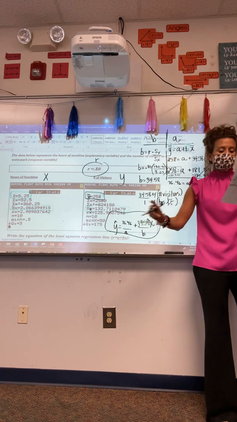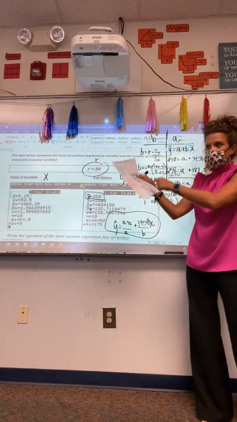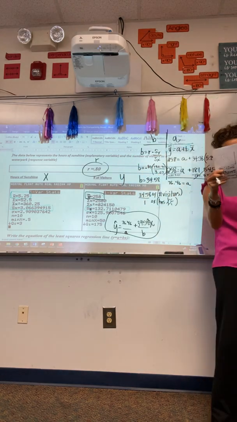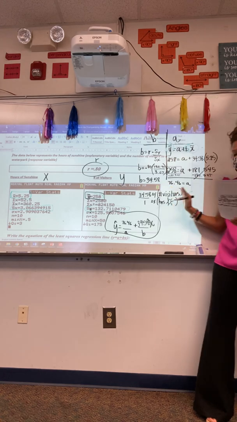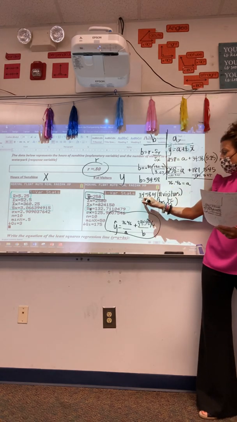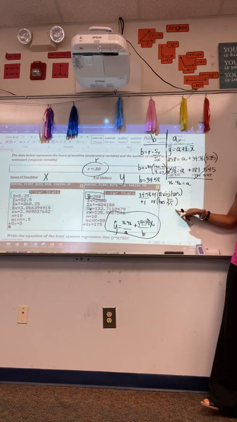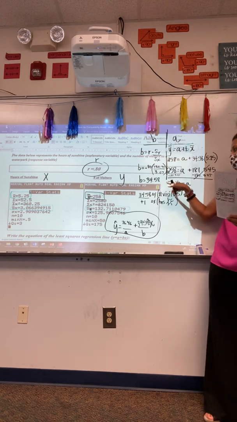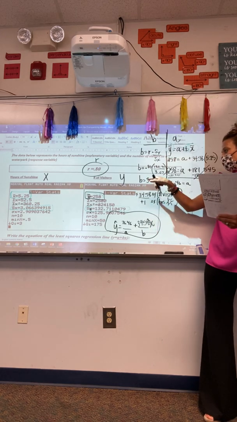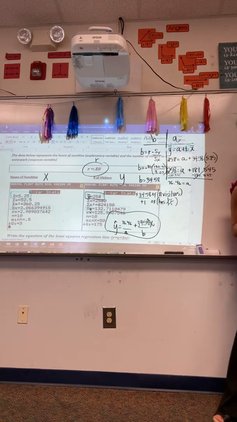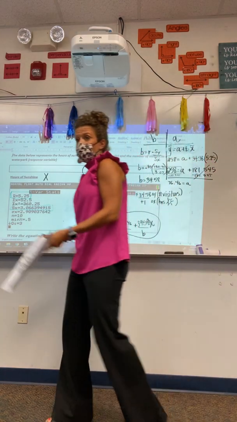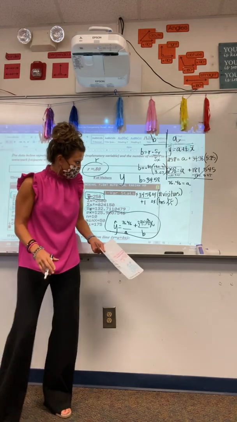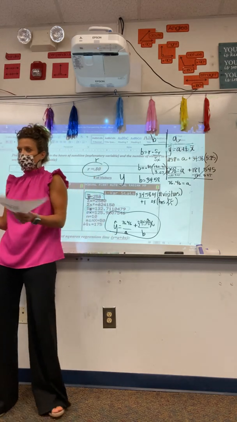So if I were to describe that: on average, I predict for every 1 hour increase in sunshine, the number of visitors will increase by 34.58. I know you can't have 0.58 of a visitor, but we keep it like that.